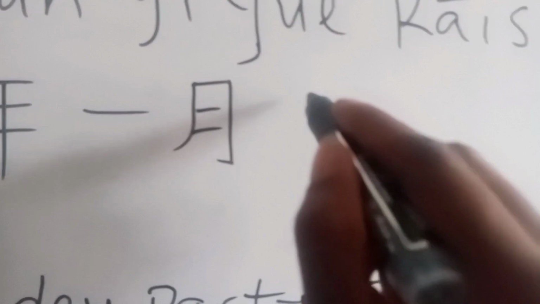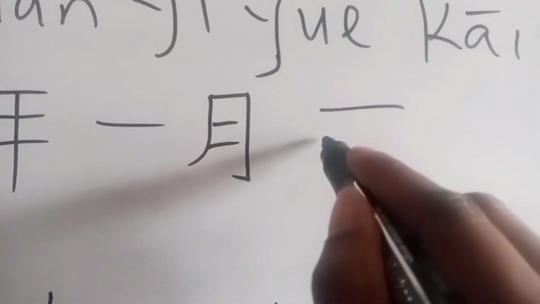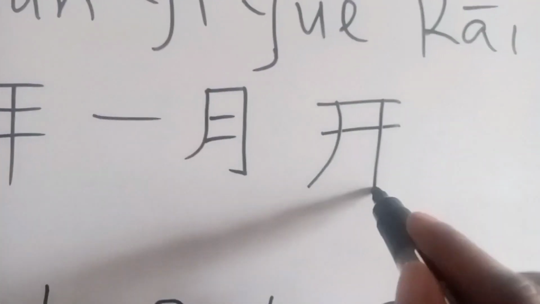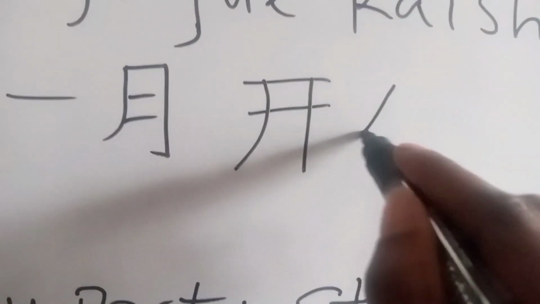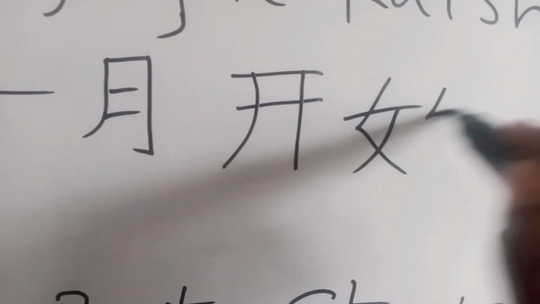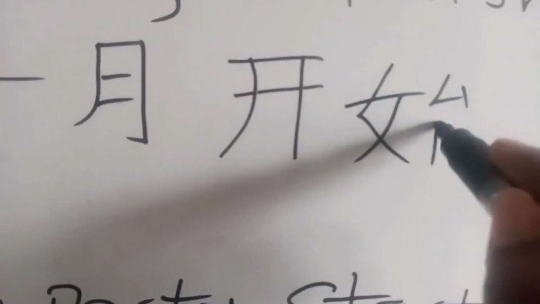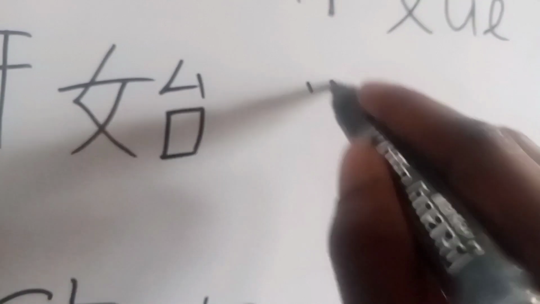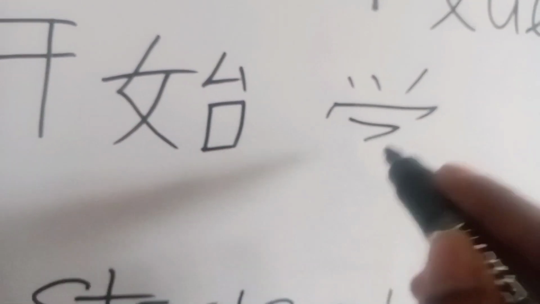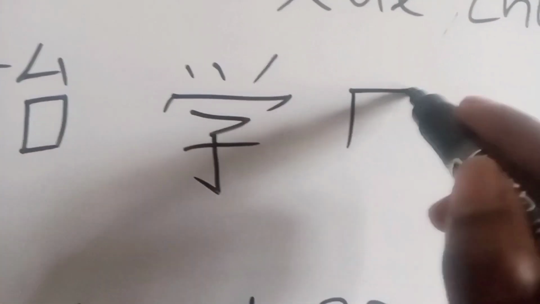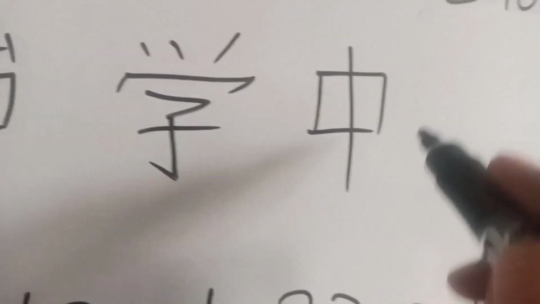Kai shi. We have not written kai shi. This is how to write it. Kai shi. You remember this radical from ni hao. You see that Chinese character is not so difficult. Xue. We have written this character many times. Zhong. Wen.